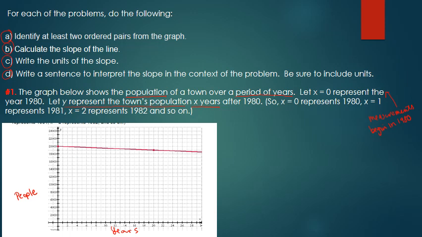Okay, so part A says identify at least 2 ordered pairs from the graph. All right, whenever we're looking for ordered pairs, we are looking for something in this form where we have an x and we have a y. Now in this case, they want 2 ordered pairs, so I need to come up with 2 x's and y's. All right, now for me, the easiest ones to see are the ones that they have colored in here in red.